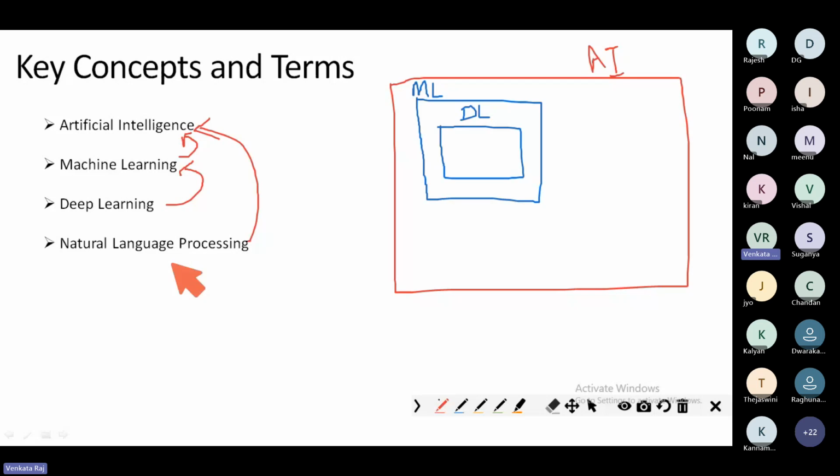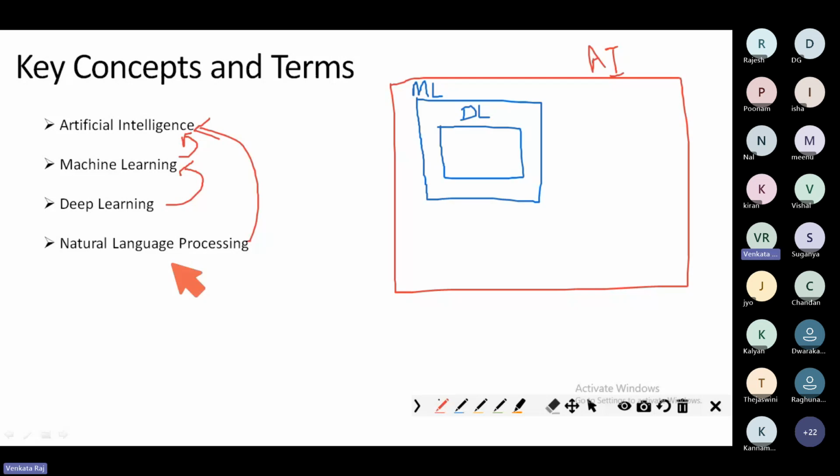It can understand, interpret, generate, and manipulate natural language texts, guys. Whatever speech or text is there, it can detect and manipulate those texts and speeches.